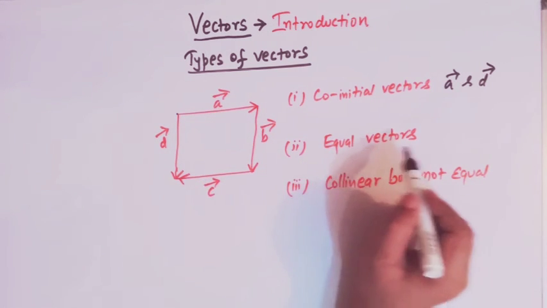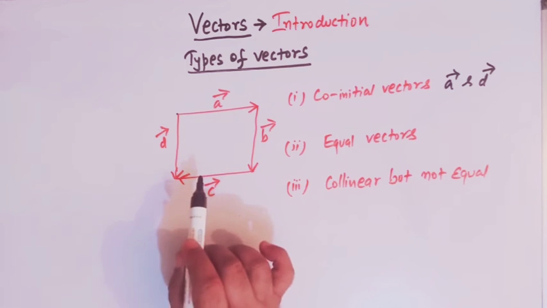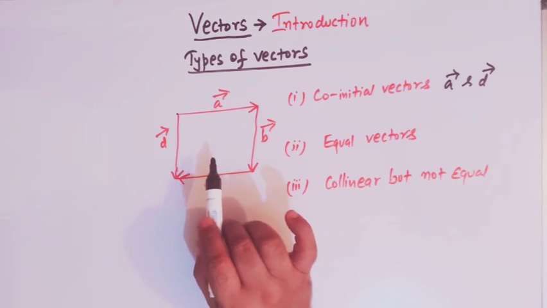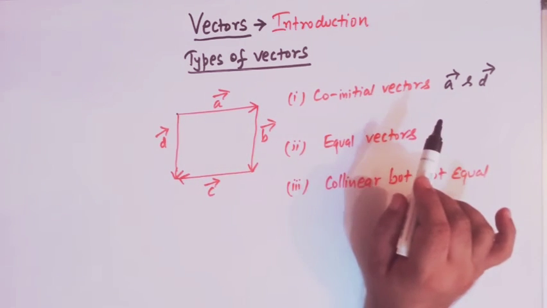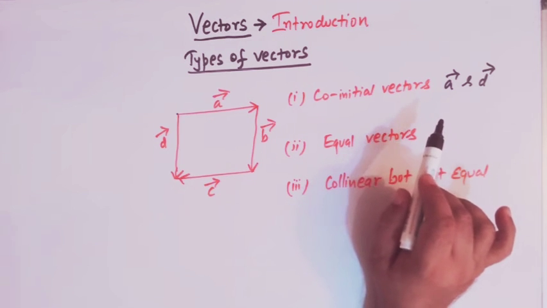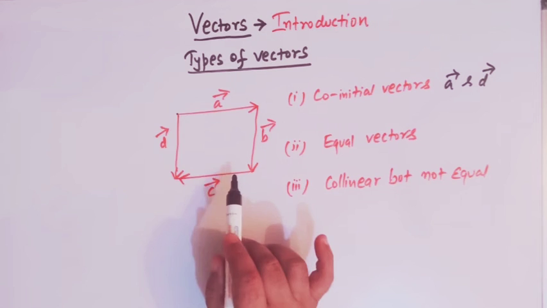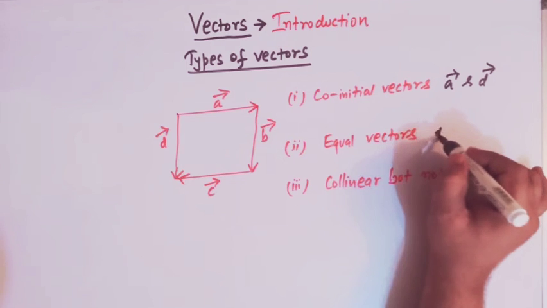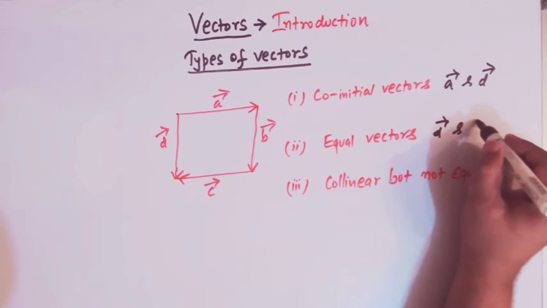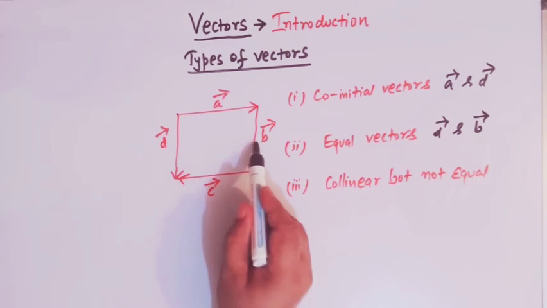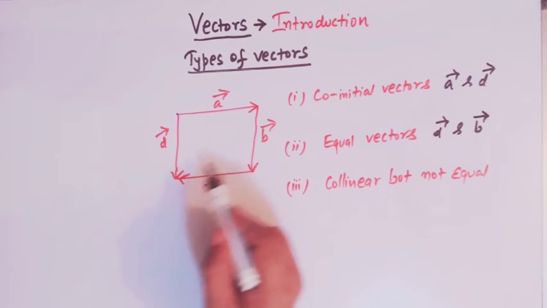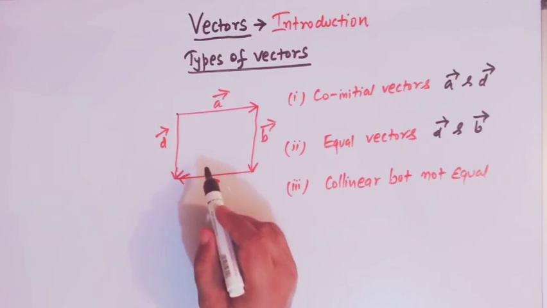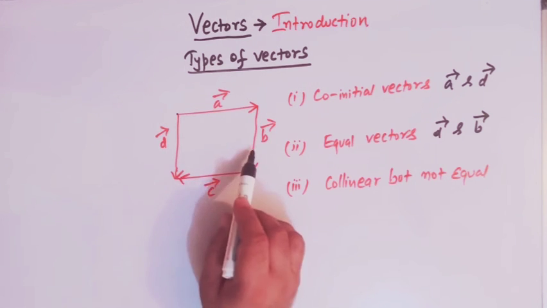Now what are the equal vectors here? So what are equal vectors? Equal vectors are those vectors which have the same magnitude, the same or parallel supports, and the same direction. Here we see that vector D and vector B are equal vectors because they have the same direction, the same magnitude and parallel supports, right?